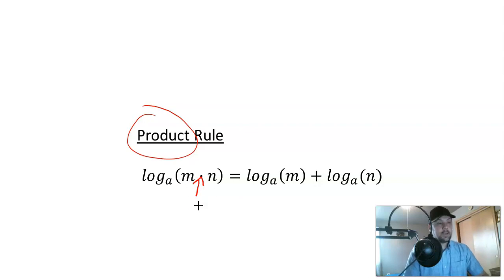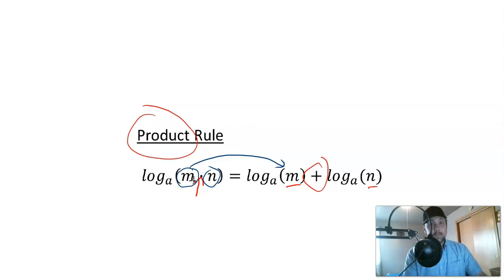This can be rewritten as log base a of m by itself plus log base a of n. And so what's happening here is we can rewrite this single logarithm as two separate logarithms where each of the things we're multiplying here goes inside of its own logarithm. So the m gets to have its own logarithm, the n gets to have its own logarithm.